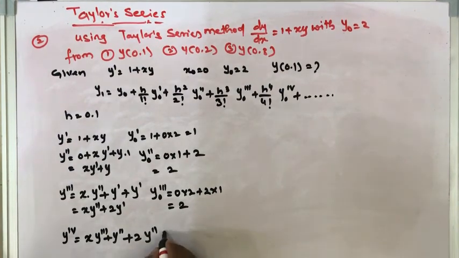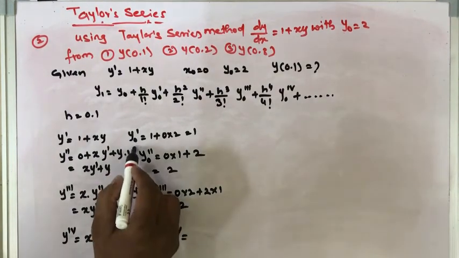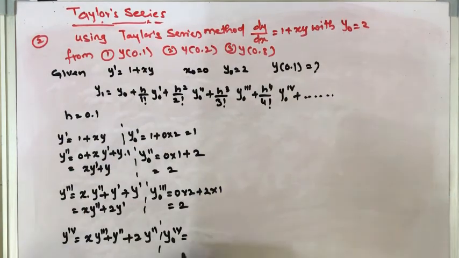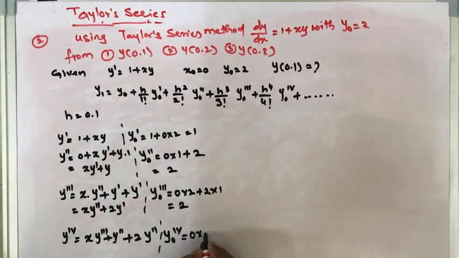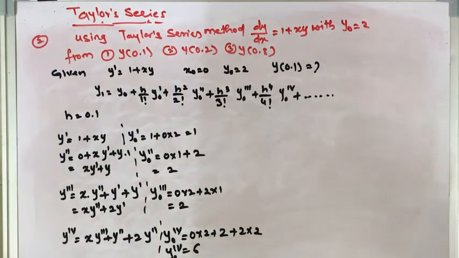So y0 quarter dash will be 0 into 2, plus 2, plus 2 into y0 double dash, which is 2. So 2 plus 4 is 6, and y0 quarter dash is 6.